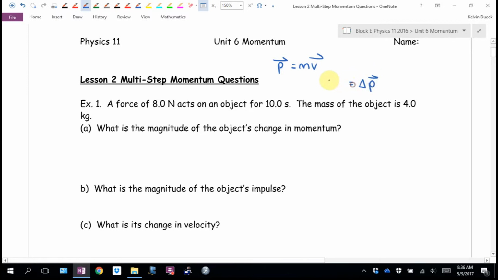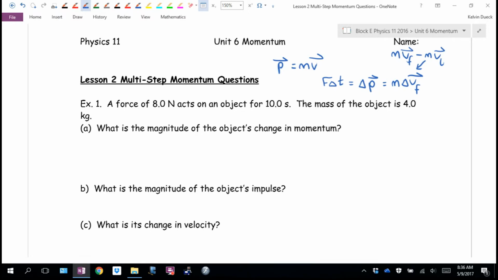It can be written as force times change in time, and it can be written as mass times change in velocity. Typically, instead of writing m delta v, I usually write this as m v final minus m v initial, because change in is final minus initial. That's all on your green sheet.